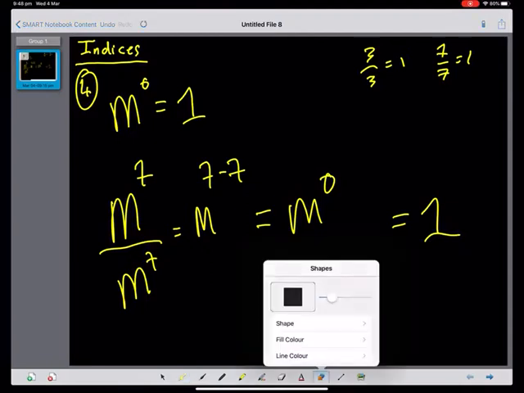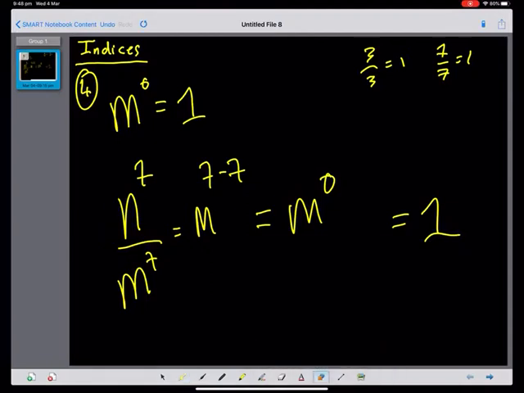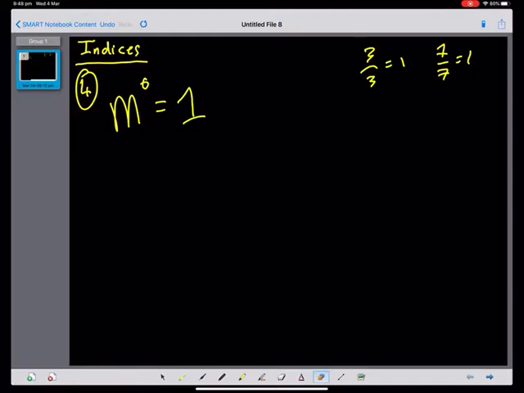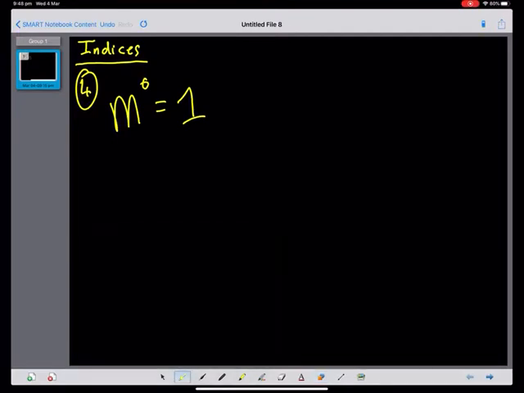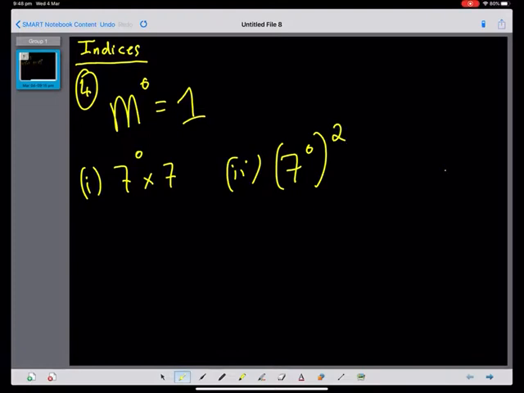Okay, so this is a really popular question because lots of students get it wrong. So let's simplify 3 questions. 7 to the 0 times 7. Let's do 7 to the 0 squared times 3.